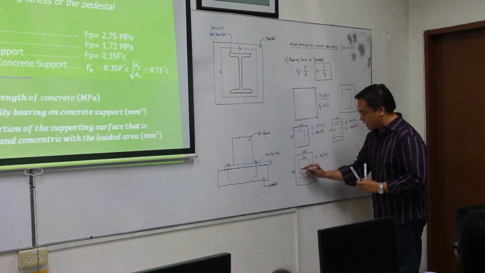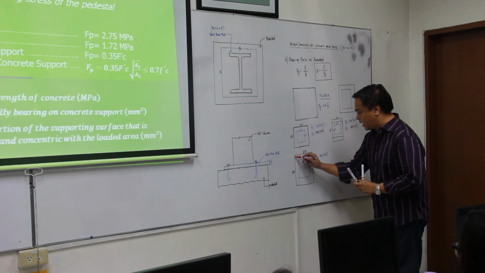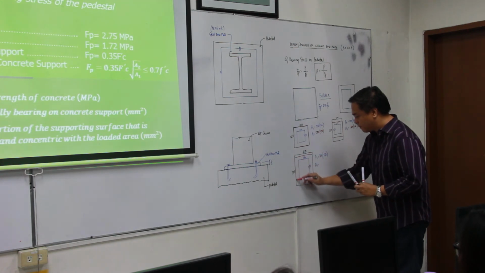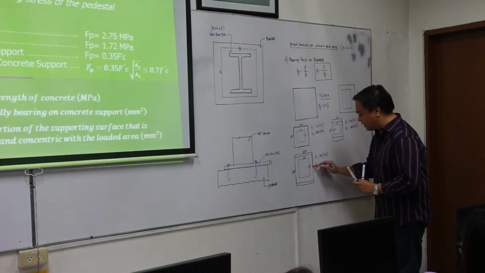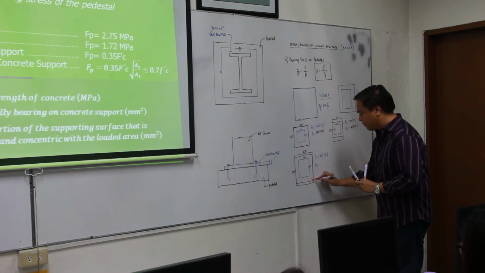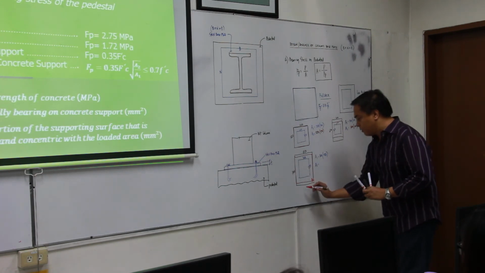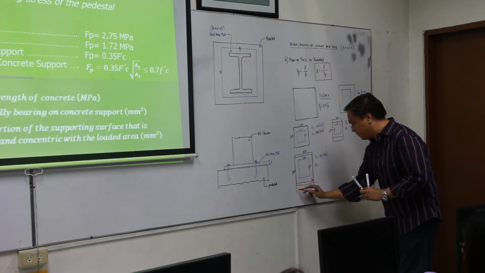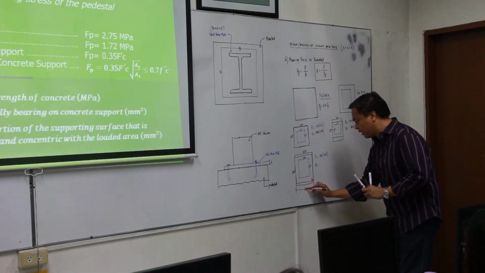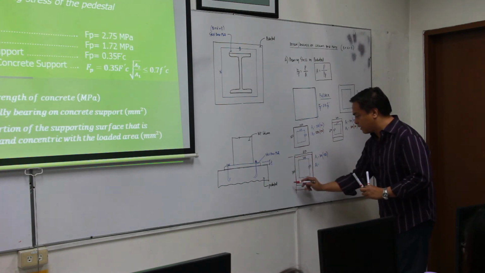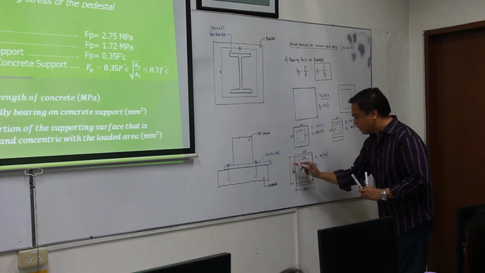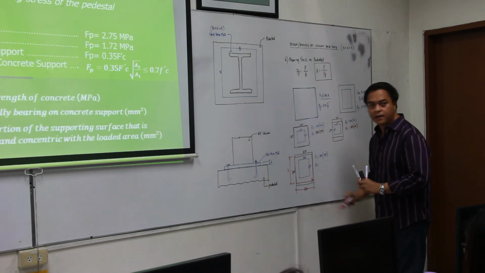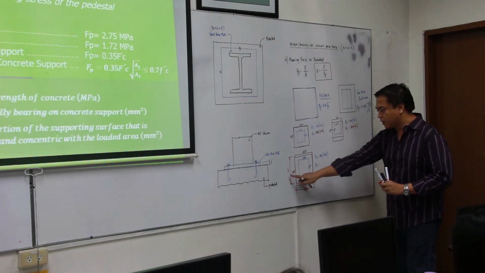So if this is a rectangle, let's say this would be A2. I'm assuming that the red rectangle would be A2. So if that would be my A2, this dimension would be 450. What about this dimension of the red rectangle? Let that be a Z. So how can we solve for that Z?